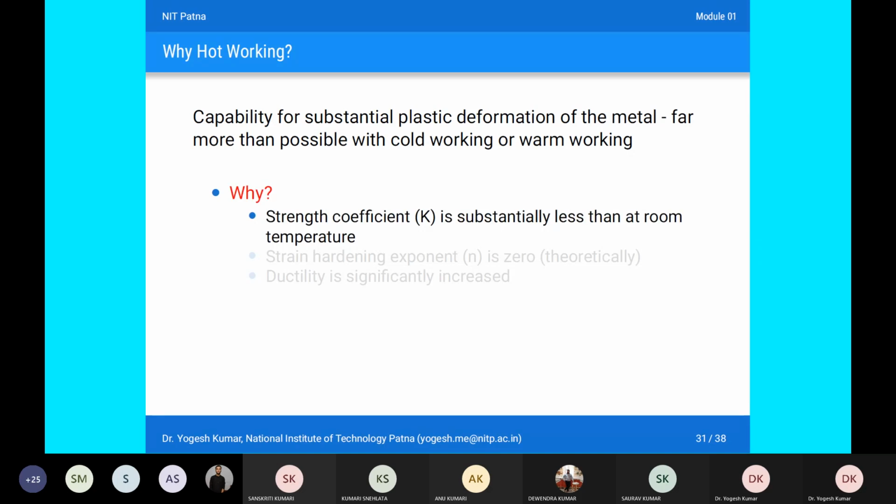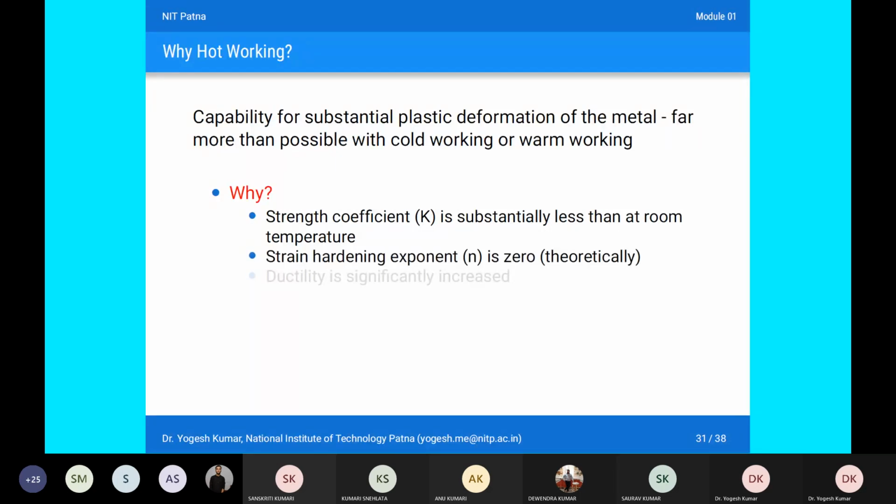I think we are already aware from the discussion so far that the strength coefficient is reduced. The strength coefficient at high temperature is substantially less as compared to the strength coefficient at room temperature.